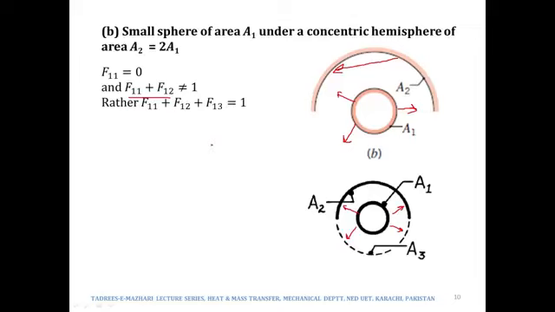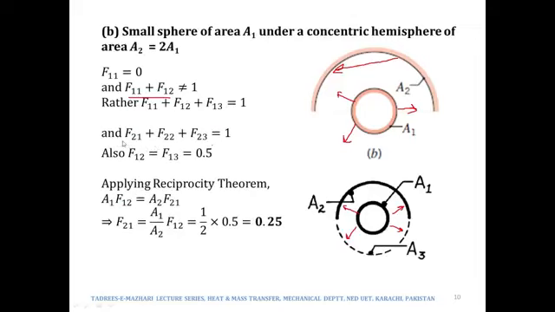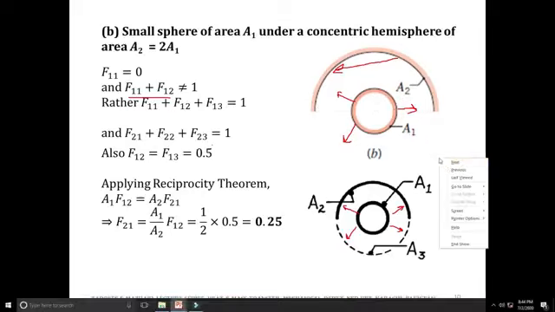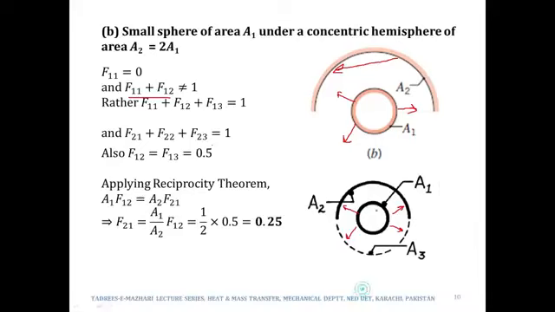Now similarly, f21 plus f22 plus f23 is equal to 1. Is it true? What would f21 be? f21 would be the radiation which is leaving 2 and is being incident upon 1. So f21 will have a particular value, it will not be 0. Plus f22, of course it will also have a particular value.